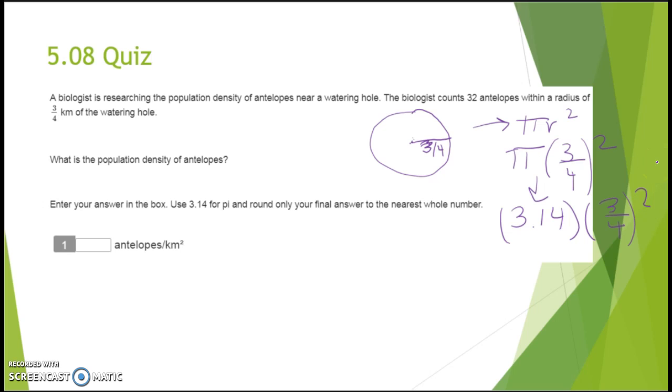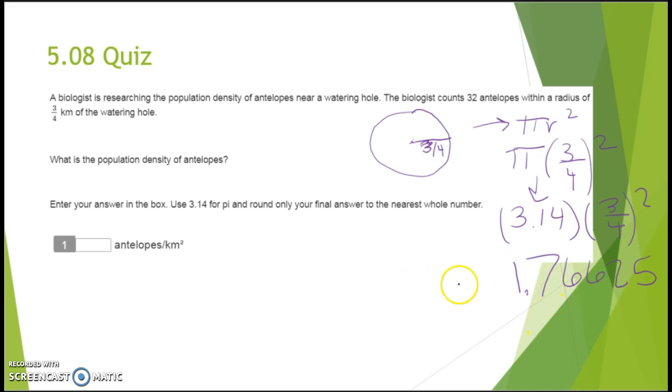And so you will put that into your calculator, and you will get 1.76625. And since that's not our final answer, we're going to leave it just like that.